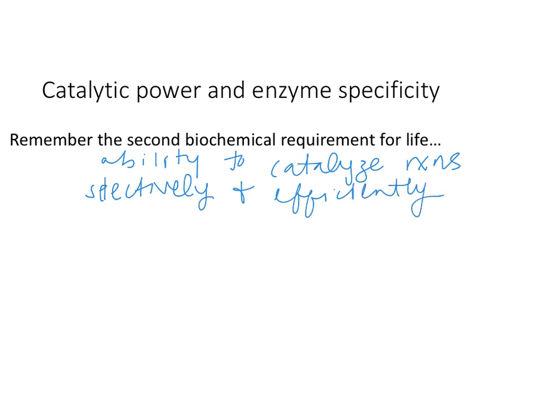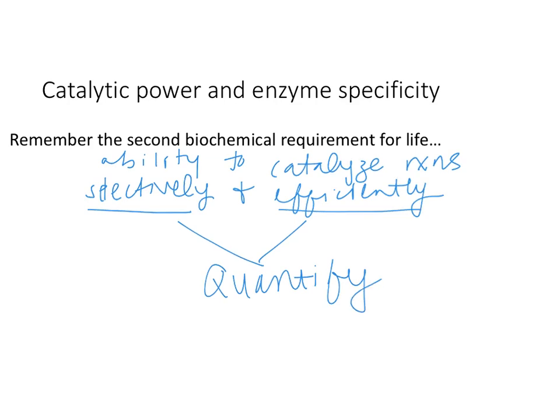And this being biochemistry, we want to be able to quantify what selectivity and efficiency mean. So one way to describe how selective an enzyme is and how efficient an enzyme is, is to put numbers on them and then to compare the numbers. So that's what we're going to do.